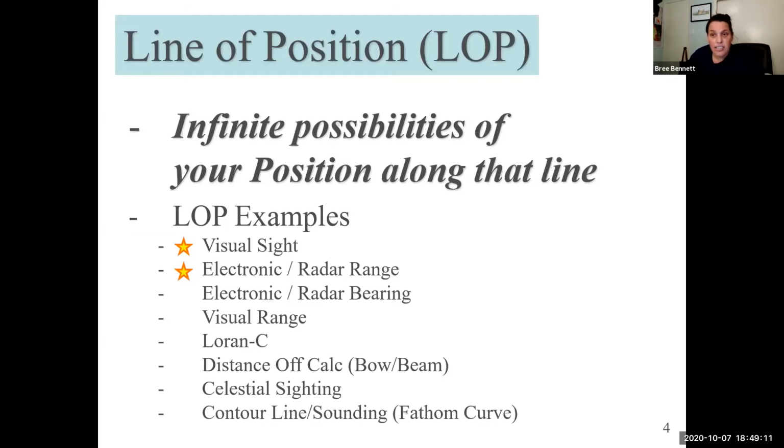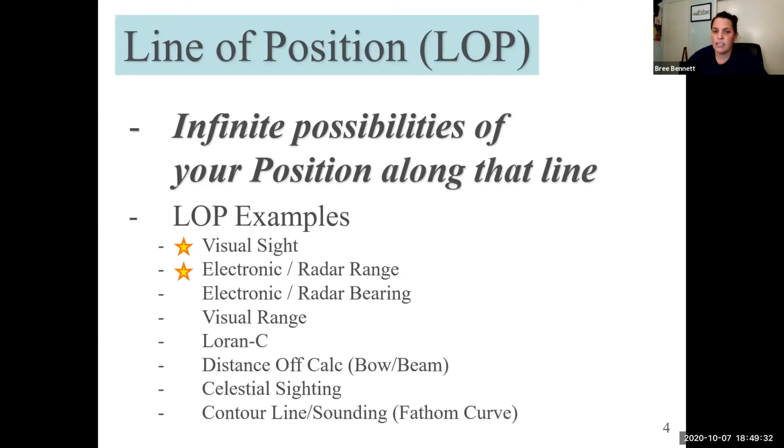Your celestial sightings can be used as LOPs. When you see the sun at a certain height, or the stars or planets at a certain height, you can use that as an LOP. And then lastly, we have our contour lines, our fathom curve, or your soundings. Those can be used as LOPs.